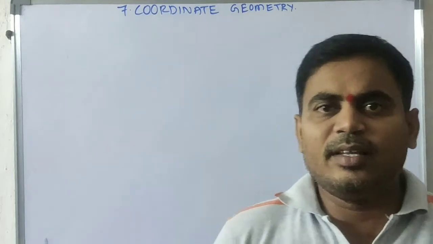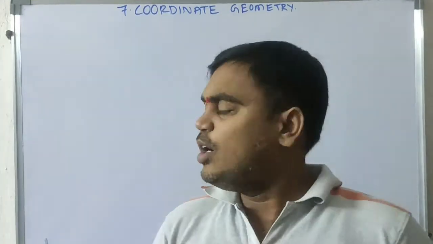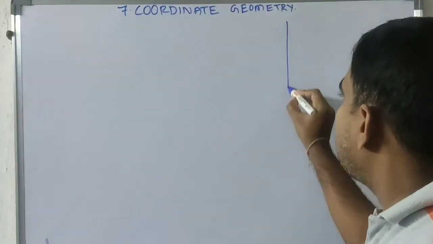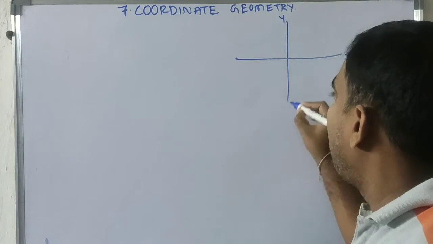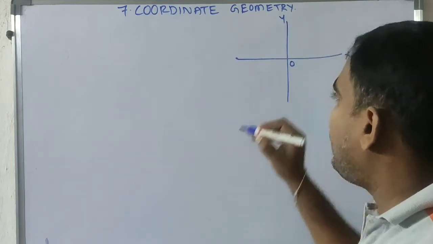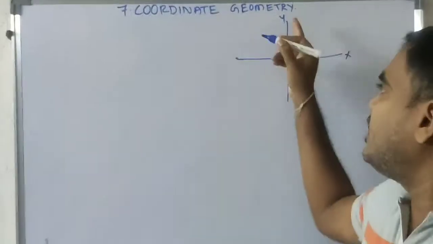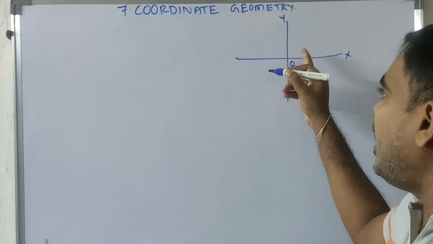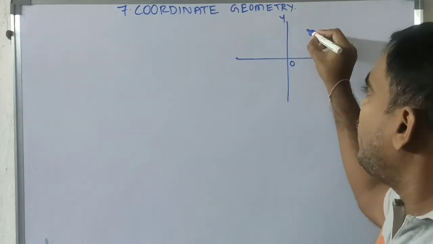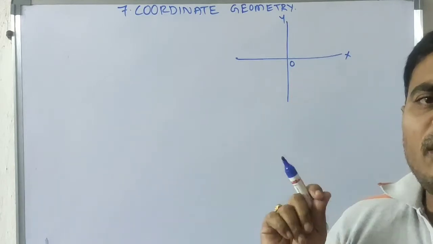First we will discuss what is coordinate geometry, what it contains. Let us consider two mutually perpendicular lines, x-axis and y-axis, intersected at origin. They divide the entire plane into four equal parts.